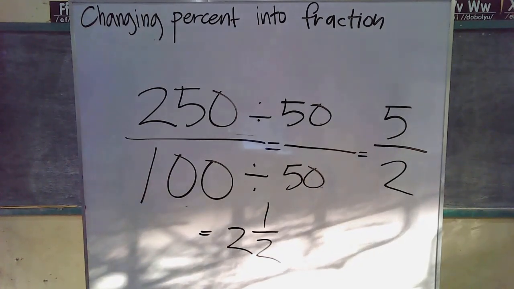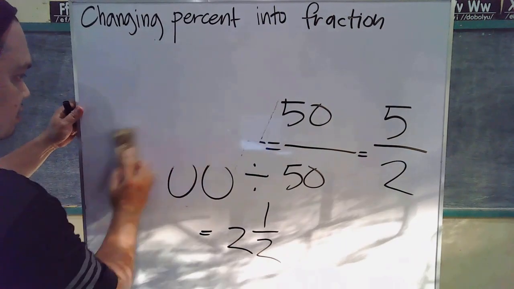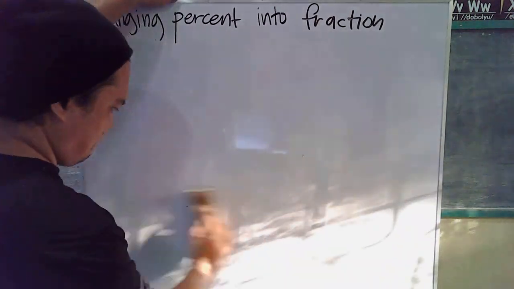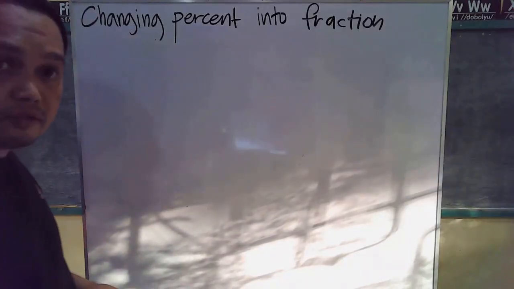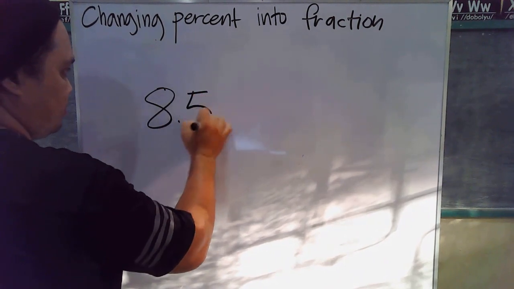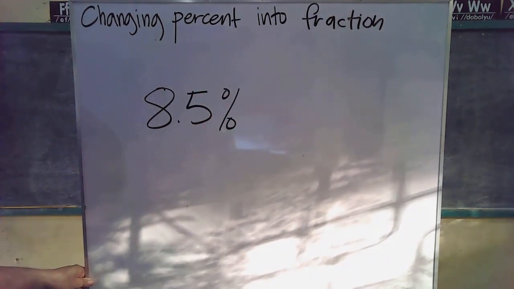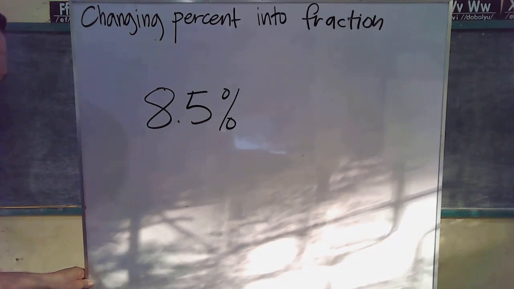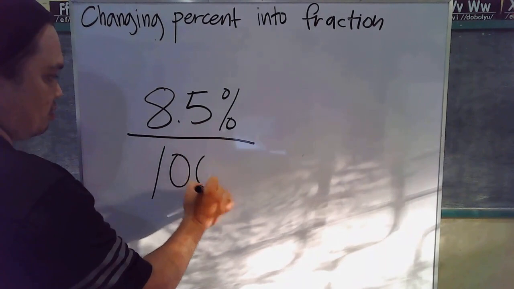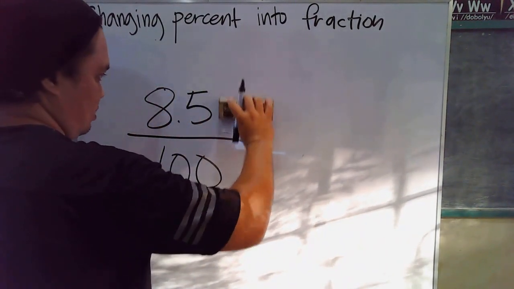How about if we have a decimal number? How about if we have 8.5%? Okay, so the same method, just put a denominator of 100 under the percent and erase this.